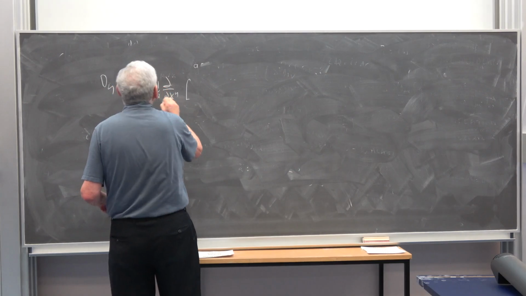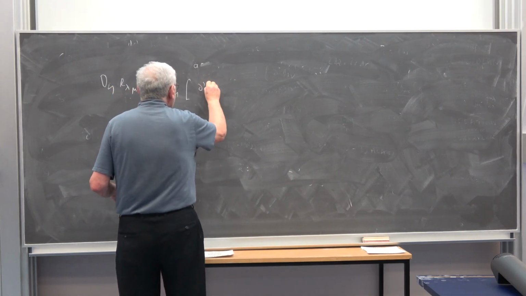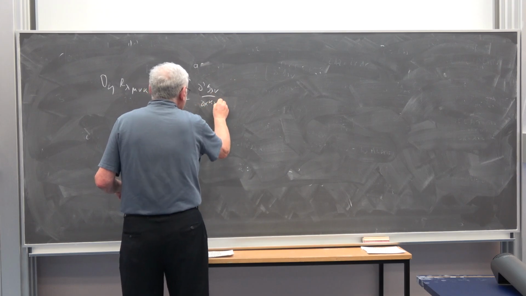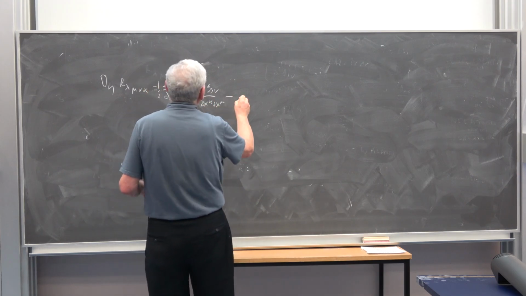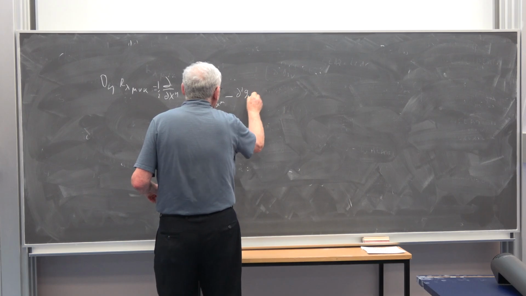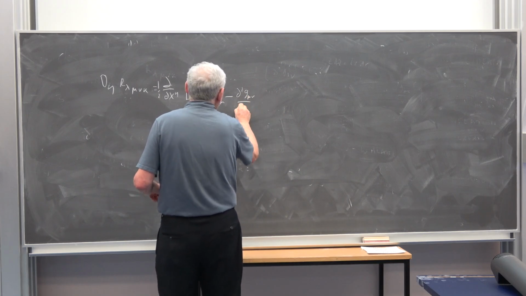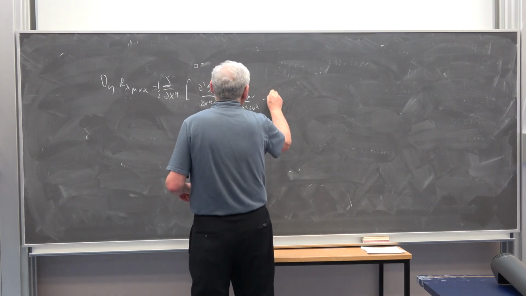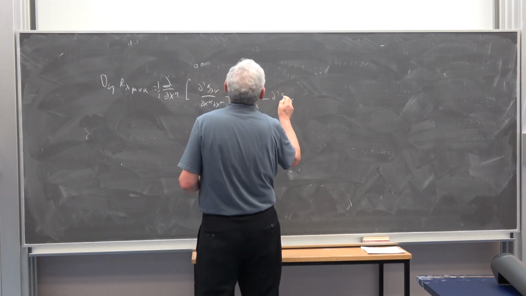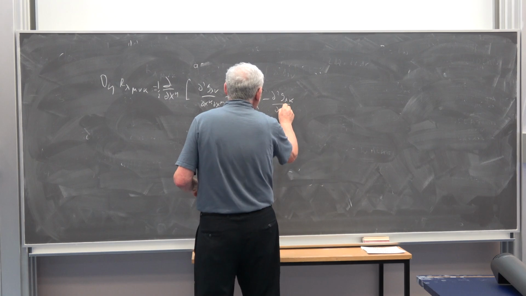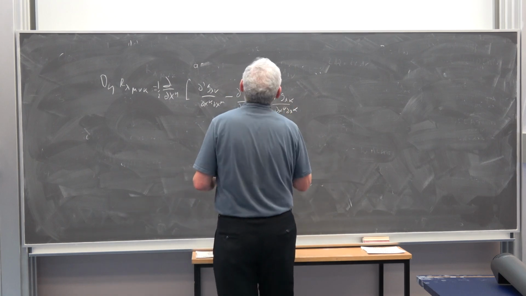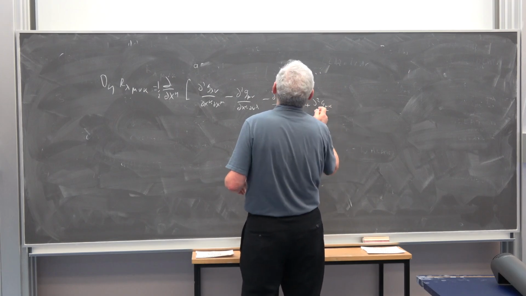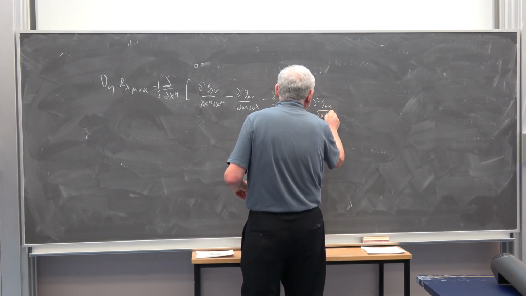There was a 1/2 d2 g lambda nu dx kappa dx mu minus d2 g mu nu dx kappa dx lambda minus d2 g lambda kappa dx nu dx mu plus d2 g mu kappa dx nu dx lambda.